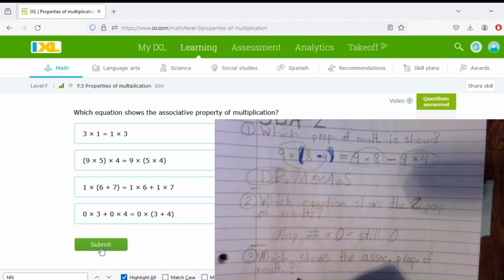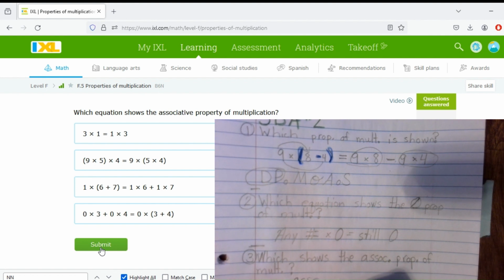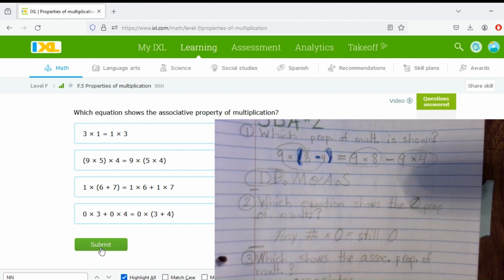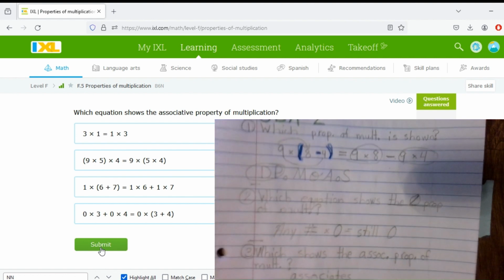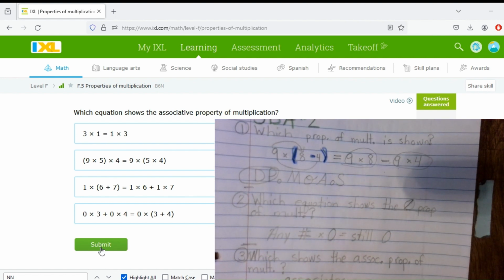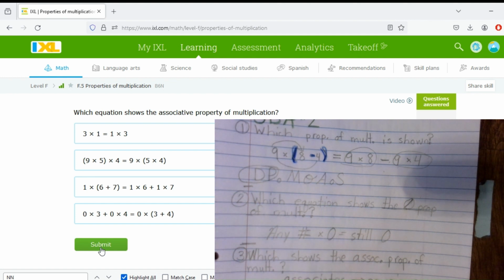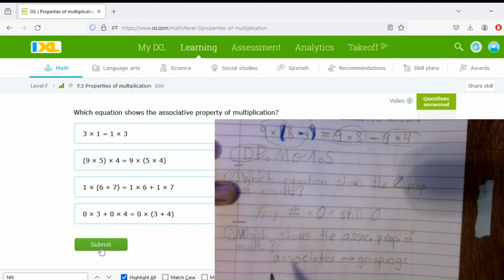Well, I'm going to think of associates, or groupings. And so I'm going to look for an equation where the numbers are grouped differently. The operation will be the same, the numbers will be the same, but the groupings will change.